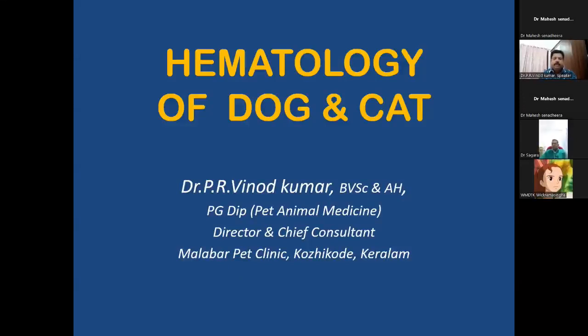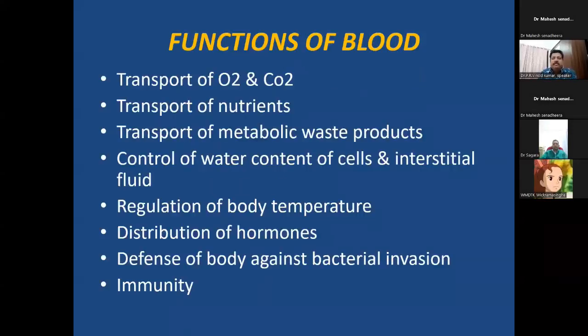So I have split the whole portion into three: the hematology of dog and cat, blood biochemistry in the dog and cat and its interpretations, then urine biochemistry and its interpretations. Let us go to the first part, that is hematology of dog and cat. So let us say all these things are very basic things. I just brush up all those things.